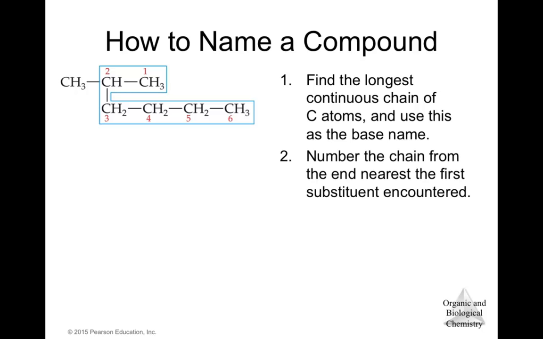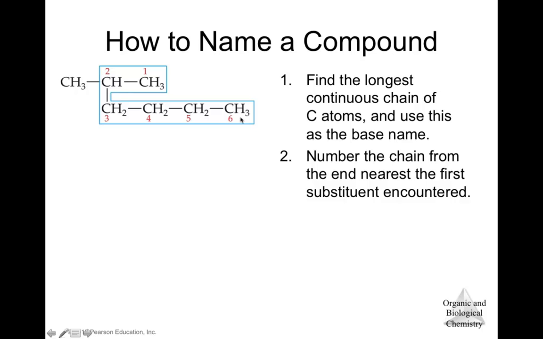The second step is to number the chain from the end nearest to the first substituent encountered. Another thing that I usually do, once I identify the longest chain, is put this chain in a bubble. That lets me know if we have a substituent, because right here we have something outside the bubble. So this is a substituent.